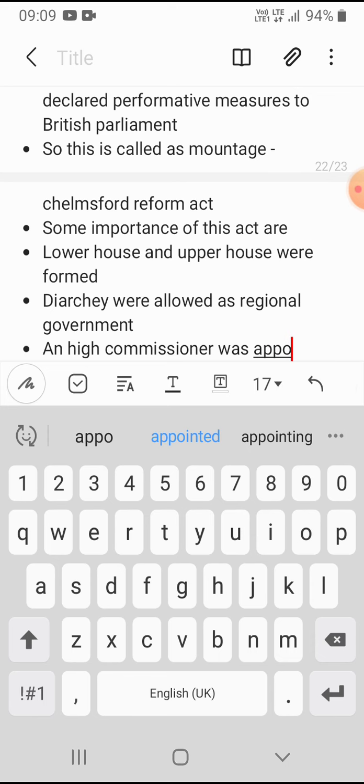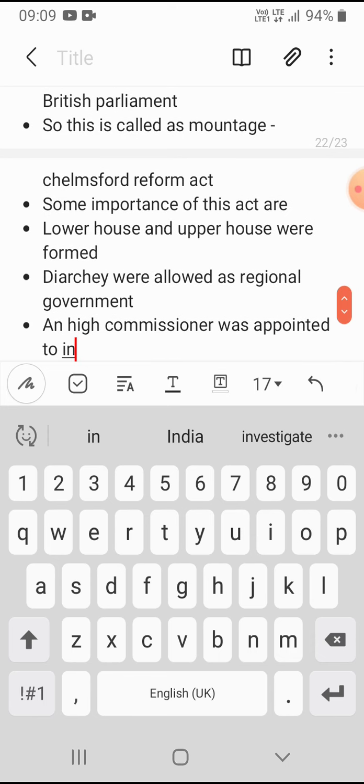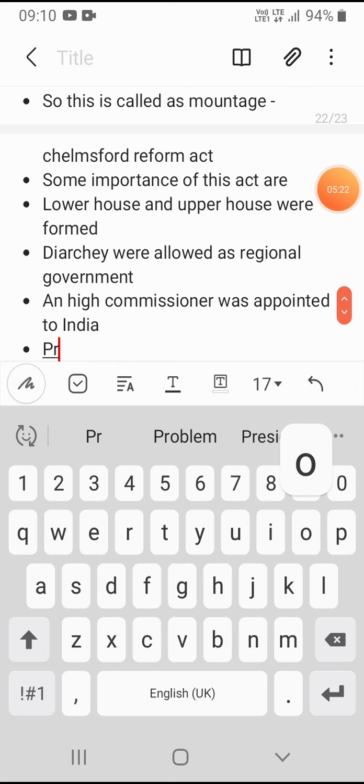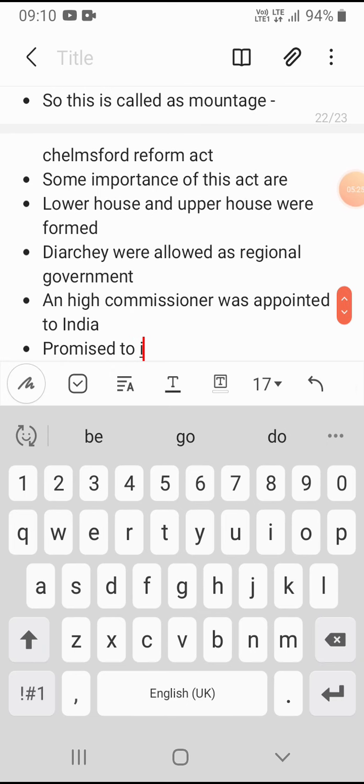It also promised to improve local self-government.